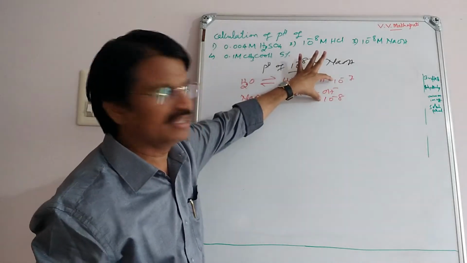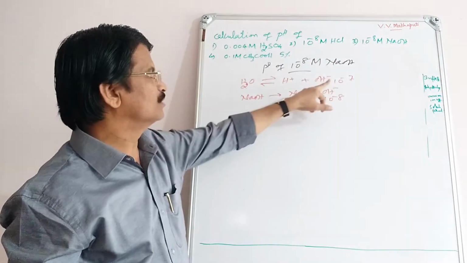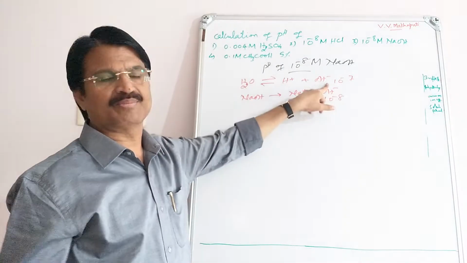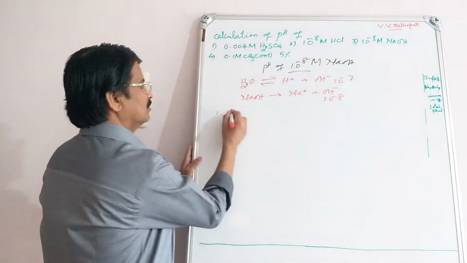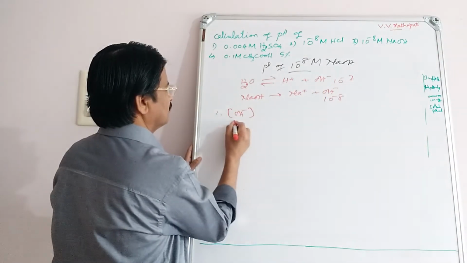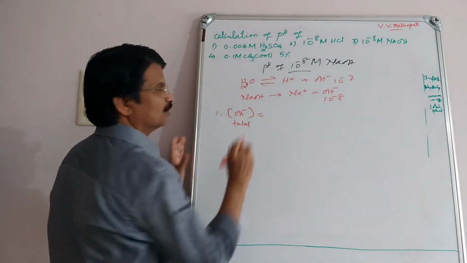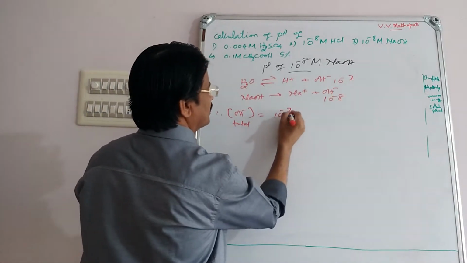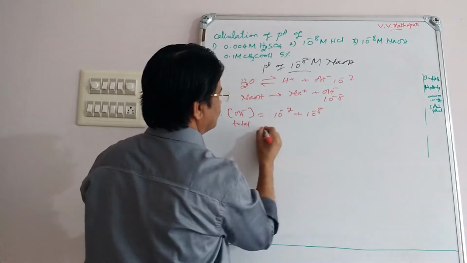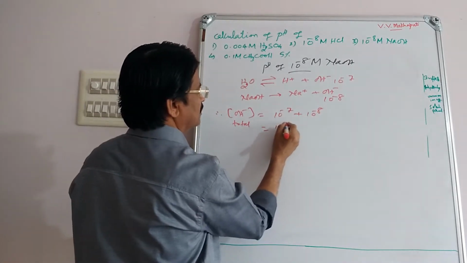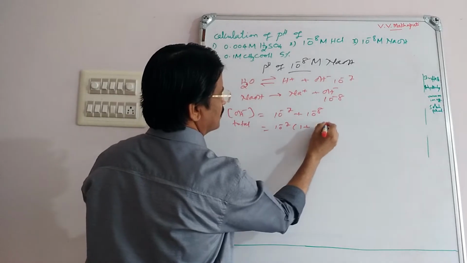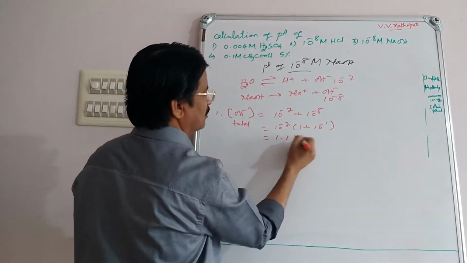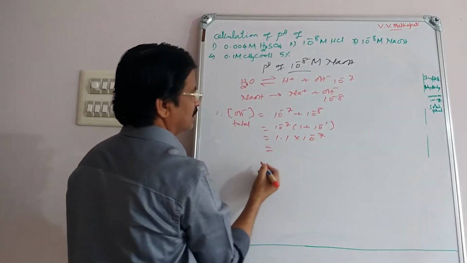Again, these two values are near, we cannot neglect the hydroxyl ion concentration from water. Therefore, you have to find the total OH ion. Add these two: 10 raised to minus 7 plus 10 raised to minus 8, that is 1 plus 0.1, 1.1 into 10 raised to minus 7.